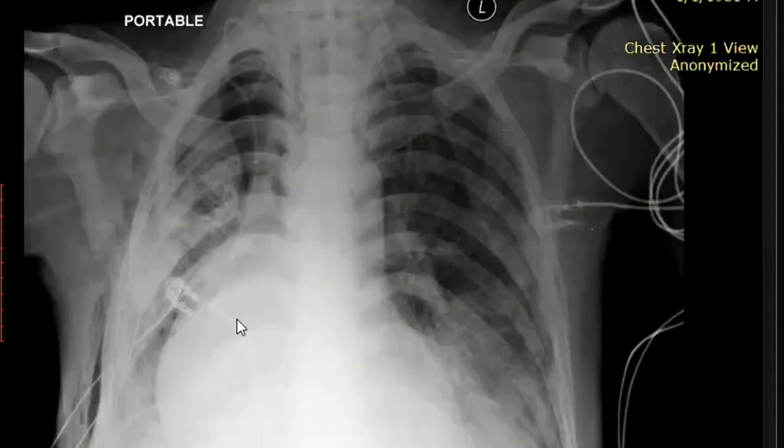Okay, so fair enough. This film is nicely described and will be passed in any exam. Whenever you see such films, you will look at the tubes and the position of the tubes, this one, and then this chest tube.